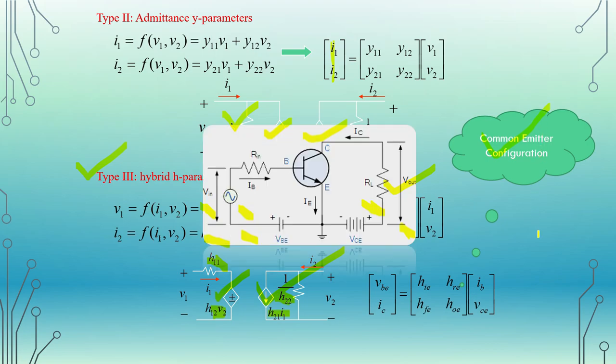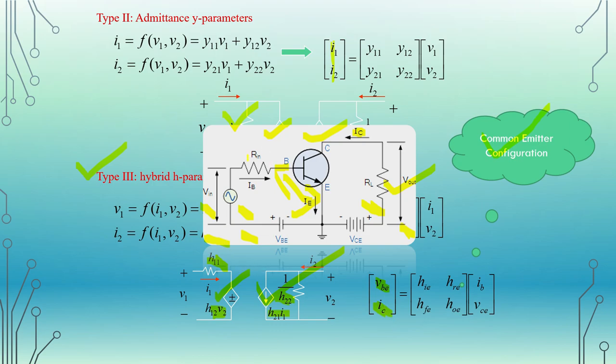In the common emitter diagram, the input is VBE, so we can replace this input voltage with VBE, and the output is taken from the collector terminal, so the output current I2 will be replaced by IC.